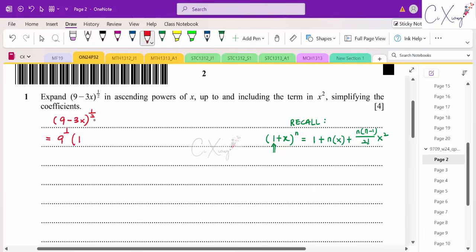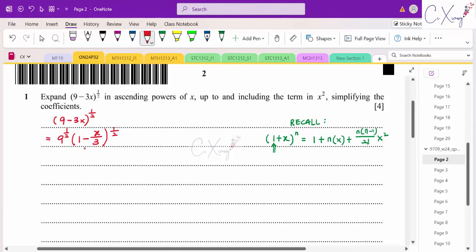So you are having 9^(1/2), and the 9 inside the bracket becomes a 1. For the second term, you also factorize out the 9 from −3x, so it becomes −3x divided by 9, where 3 divided by 9 gives 1 over 3, so you get −x/3.